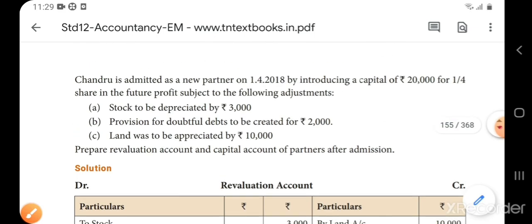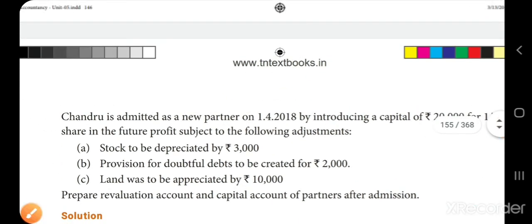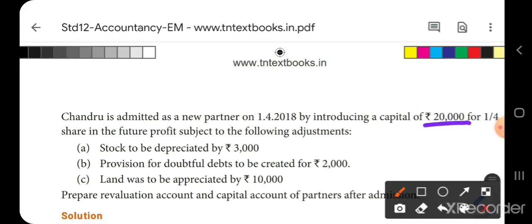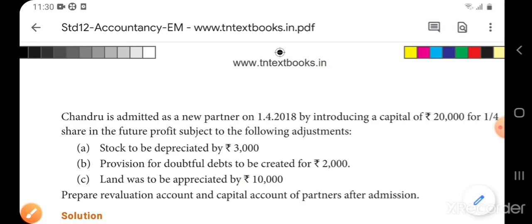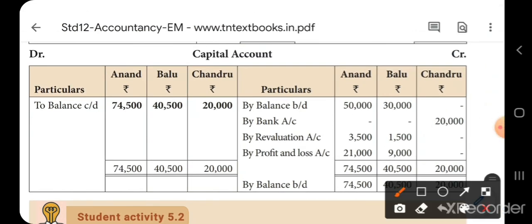Next, what transaction will affect the capital? He is bringing in 20,000 as capital. So bank account debit to Chandru's capital account. So in Chandru's column you will write by bank.